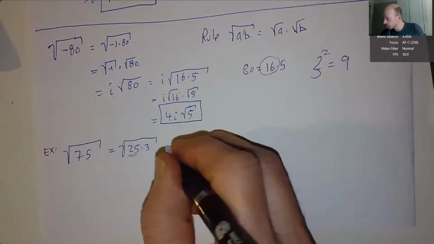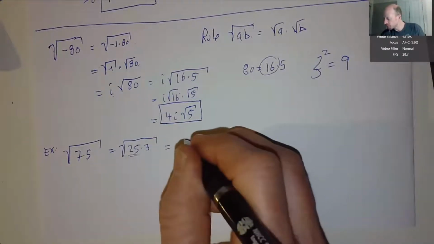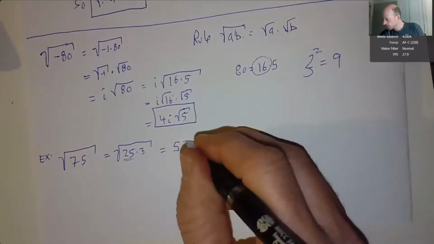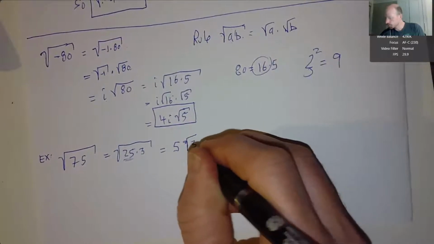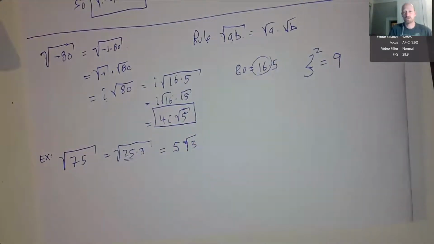And now, just like before, I can take the square root of 25, which is 5, and I can take the square root of 3, which is the square root of 3. It's a number, the square root of 3. It's like 1.4123 17, just a decimal that goes on and on forever, but it's somewhere around 1.4.